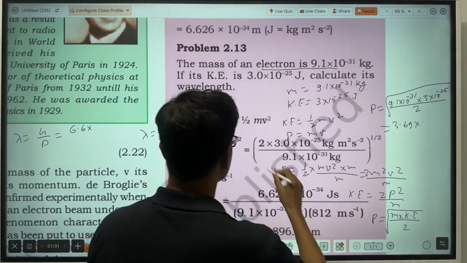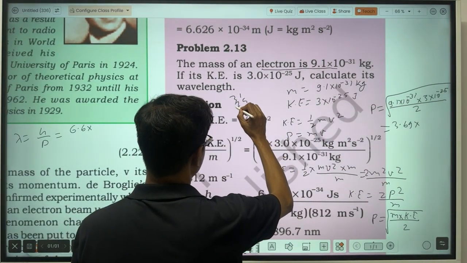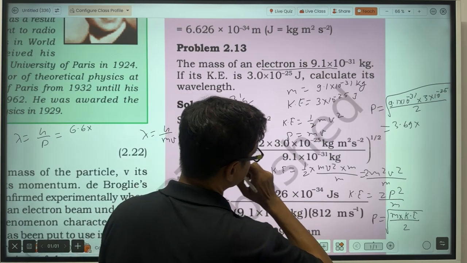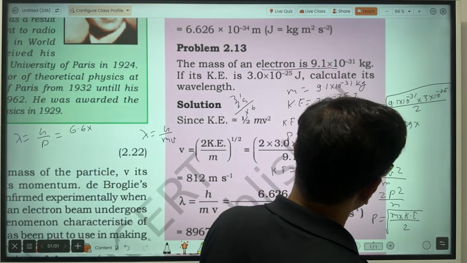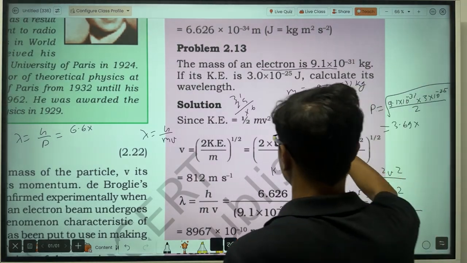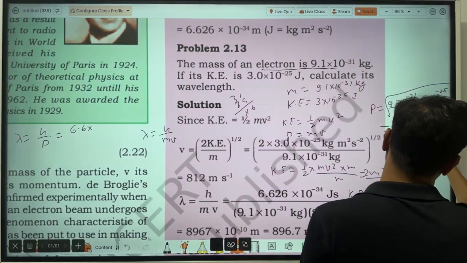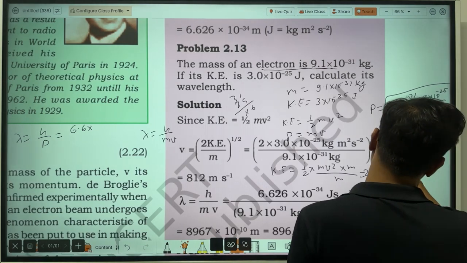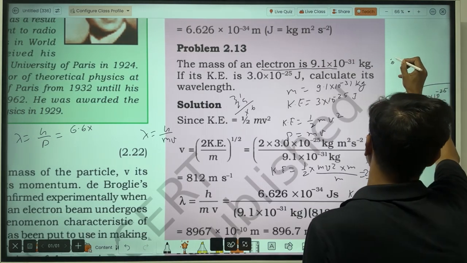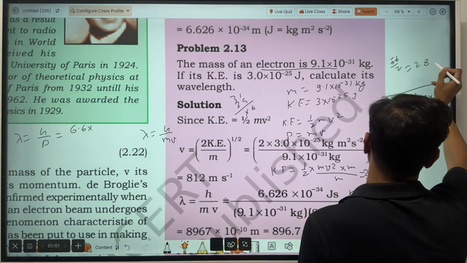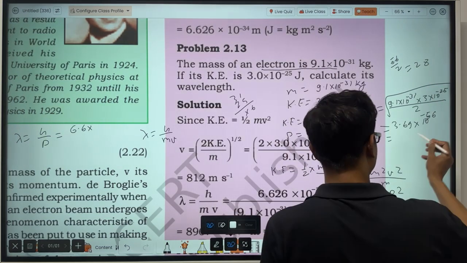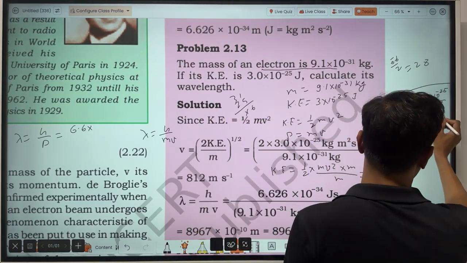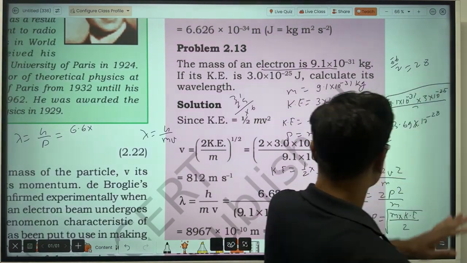10 to the power 31 minus 25, 6, 10 to the power, oh no, both will get added, that much.